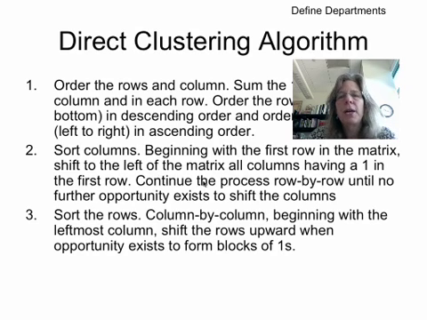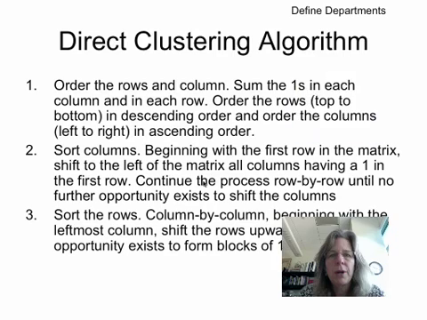This is the direct clustering algorithm. I'd like you to review this on your own, and you can see each of the steps of the direct clustering algorithm. I'm not going to talk through it because we'll work on it in class, and you will also have a short one to do as homework.